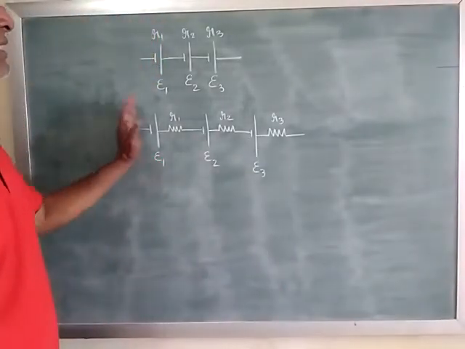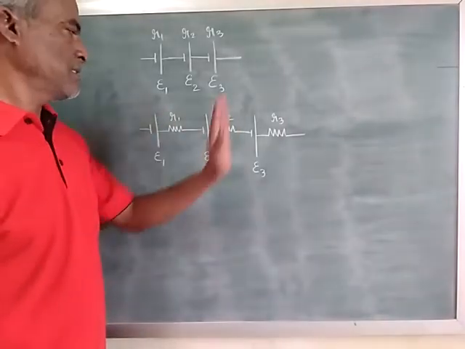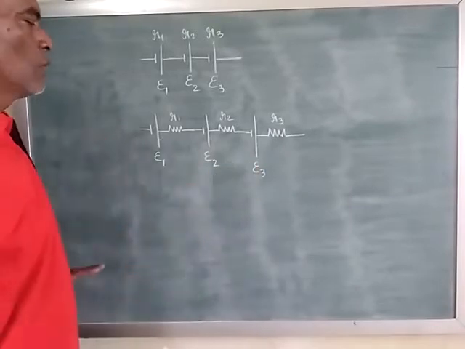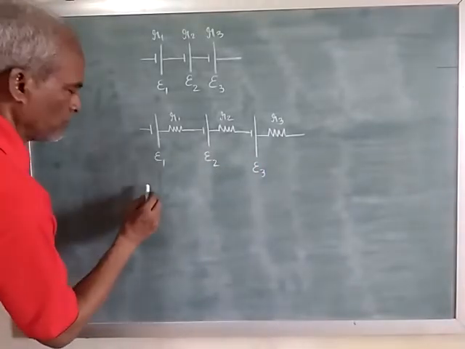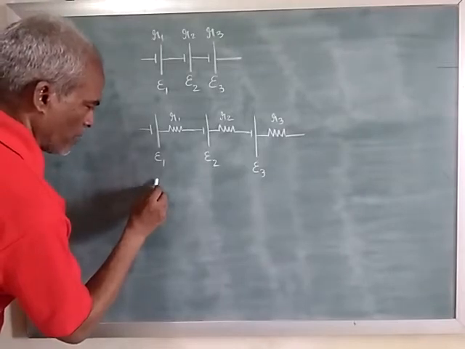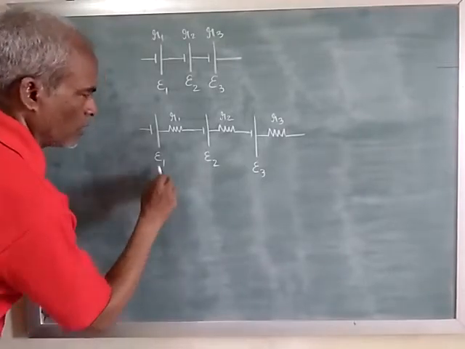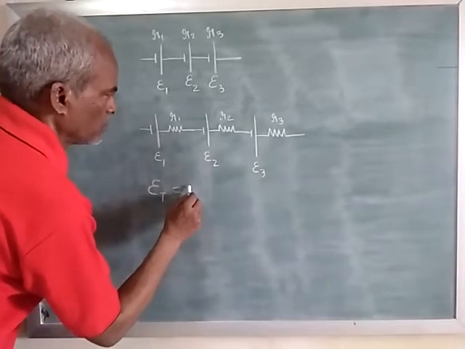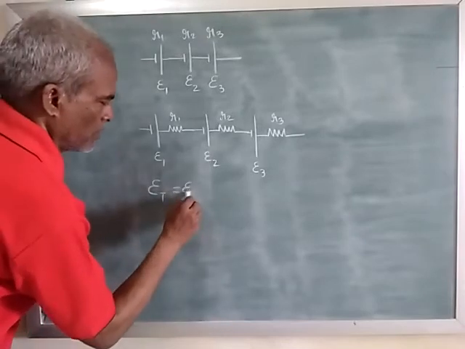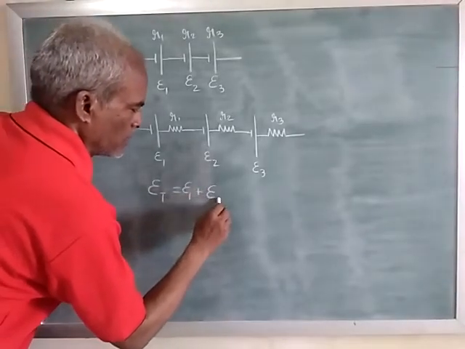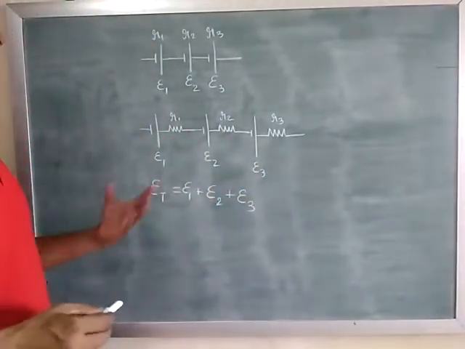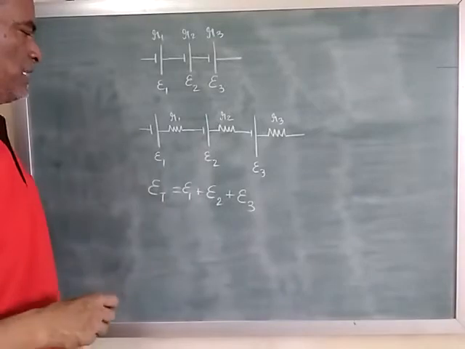Now if you carefully see, all these voltages rise in potential, rise in potential, rise in potential. So the total voltage, I am calling it as E total. Total voltage is equal to E1 plus E2 plus E3. If you add all these three, you will get total voltage, that is ET.